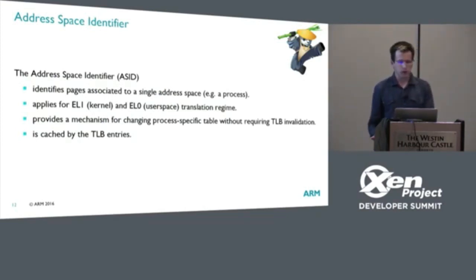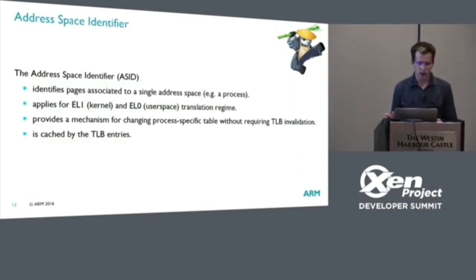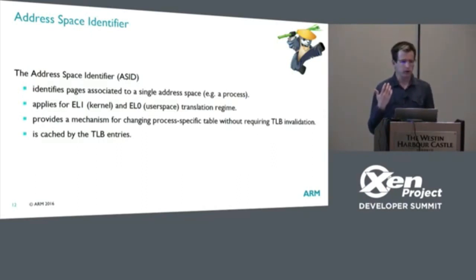For kernel things, in the case of an operating system, you will usually have page tables per process or per thread. The ASID, the address space identifier, is an identifier which tells which page is associated to a single address space.